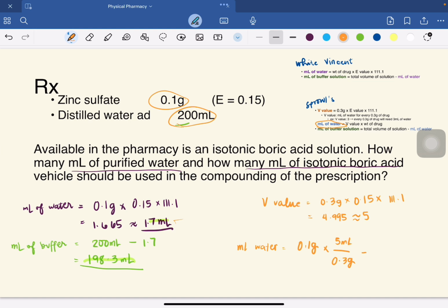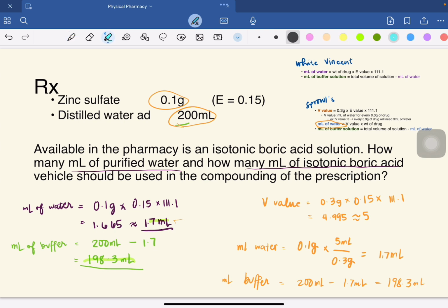So if we calculate this, we will get 1.7 ml. So the volume of water needed is 1.7 ml. And then now we can calculate the buffer solution. So to do this again, we subtract the 1.7 ml from total volume of the solution, which is 200 ml. So the answer is 198.3.